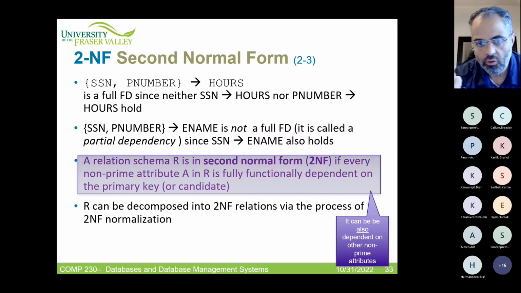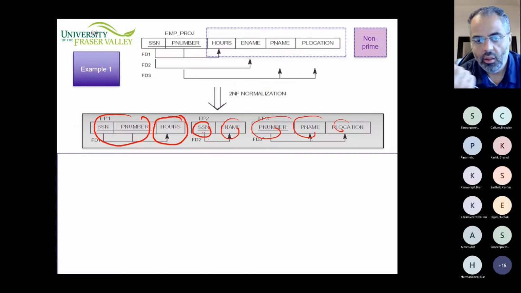Because again, the definition of second normalization says that all non-primary attributes are dependent on the whole primary key, which is fully functional dependent. So if the primary key is only one attribute, by default they depend on the whole primary key, because we don't have more than one attribute in this case.